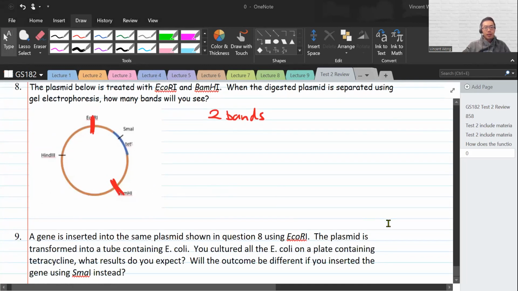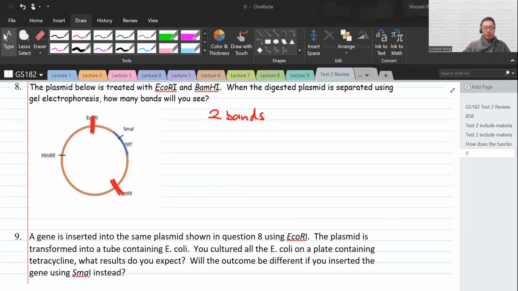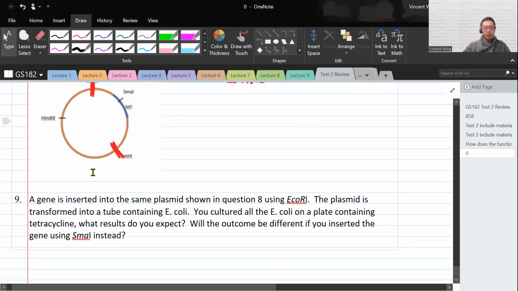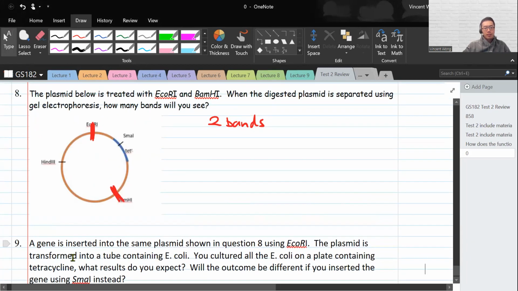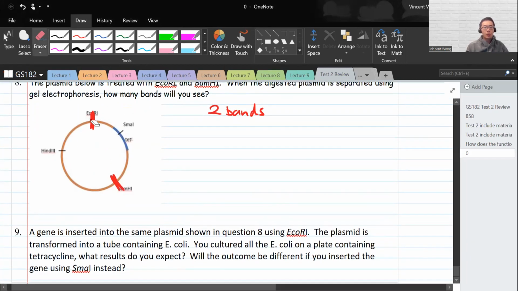Next one. A gene is inserted into the plasmid shown in question 8. The plasmid is transformed into E. coli, and then you culture it in the presence of tetracycline. What do you expect the result to be? So we are inserting using EcoR1. So the gene goes right here, right? If you insert using EcoR1 and you grow them in tetracycline, what happens?